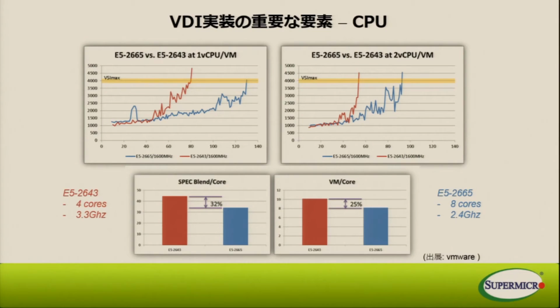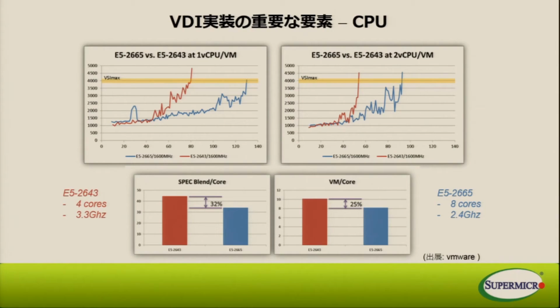We did some comparison, and it tells you the things we just showed in the previous slide. First, talking about cores, as the red color shows, the 2643 has fewer cores per processor. So you see it actually supports fewer VMs than the other processor having more cores, right? It's a 1-to-2 ratio. Here it is 4-to-8, a 1-to-2 ratio, and the number of virtual machines is also a 1-to-2 ratio.